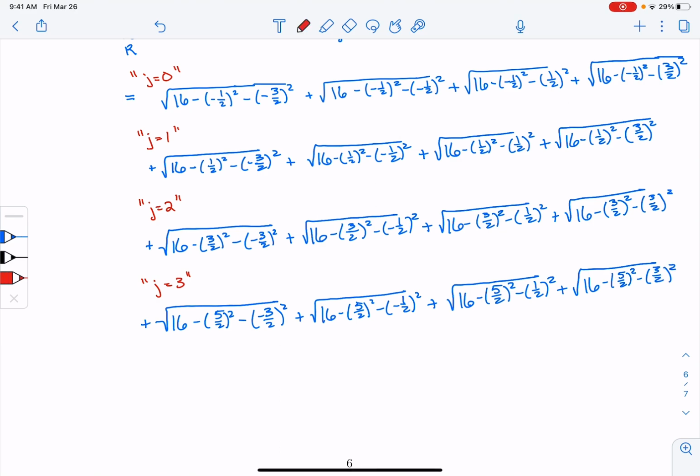So running across the bottom, we have when k equals 0, k equals 1, k equals 2, and then k equals 3.